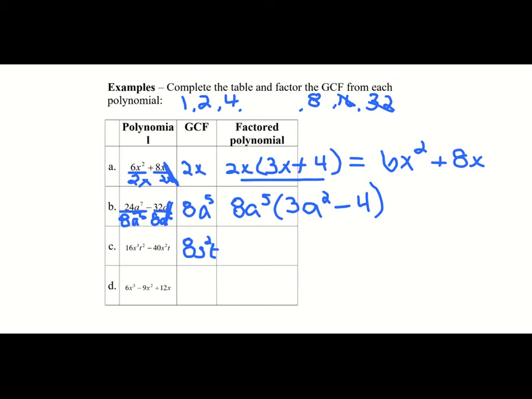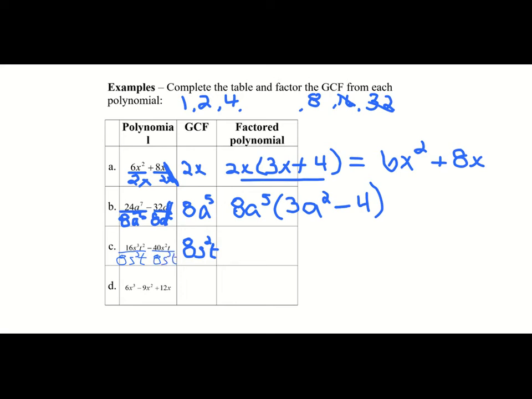So again, I want to take and divide both of these by 8 s squared t and 8 s squared t.